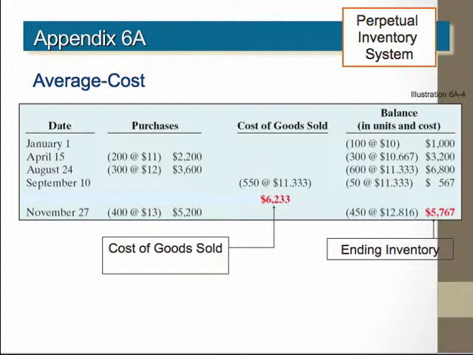When we have the increased cost in the purchases in August, we now have $6,800 worth of inventory and 600 items, so our average cost becomes $11.33. When we sell the item in September, we use the average cost that's been calculated at the time of the sale, the $11.33. So that's the reason why we have to consider using average cost in perpetual as a weighted average method, because we have to recalculate the average cost after every transaction.